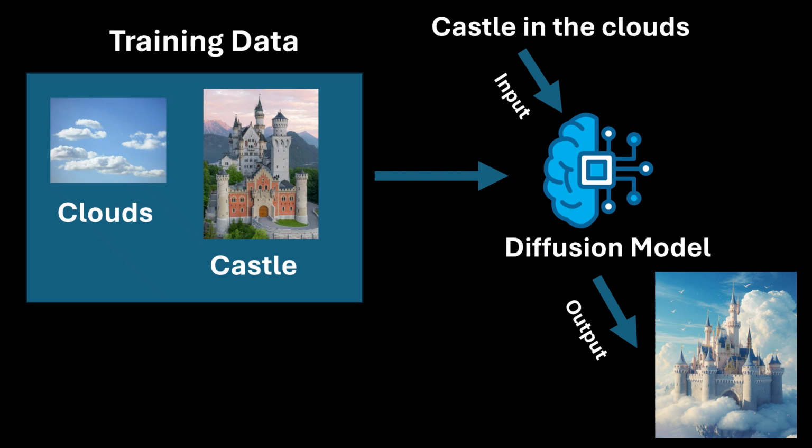In the example, you can see that the diffusion model was given an image of some clouds with the label clouds and an image of a castle with the label castle. And then when given the text prompt, castle in the clouds, it was able to create the correct picture, essentially by combining the two training images. This is just a small example, however. And in the real world, these models are trained on up to billions of image caption pairs.